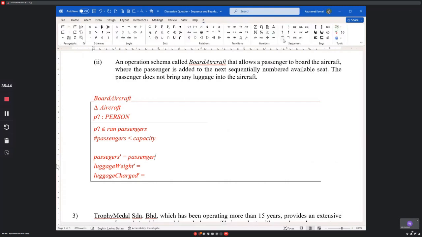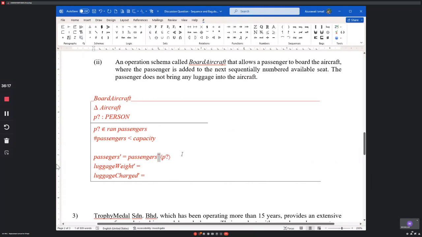We put the angle bracket symbol, then you put P question mark, to show that we add the passenger to the last one inside our database. So we use concatenation as our symbol to add into our database.